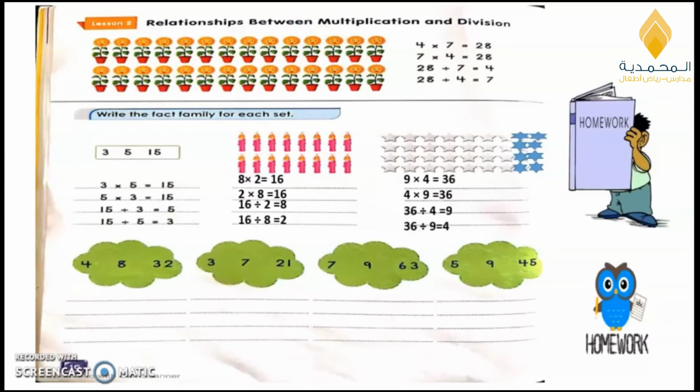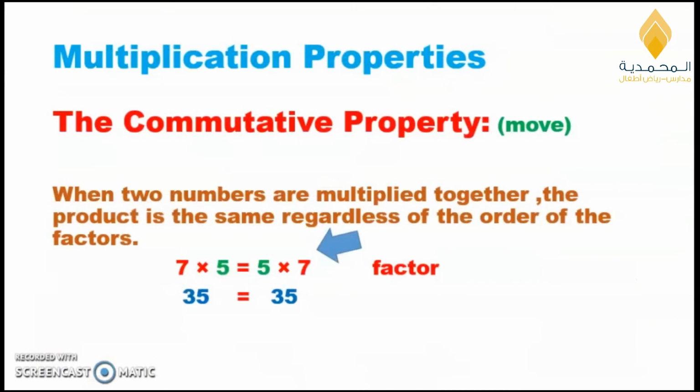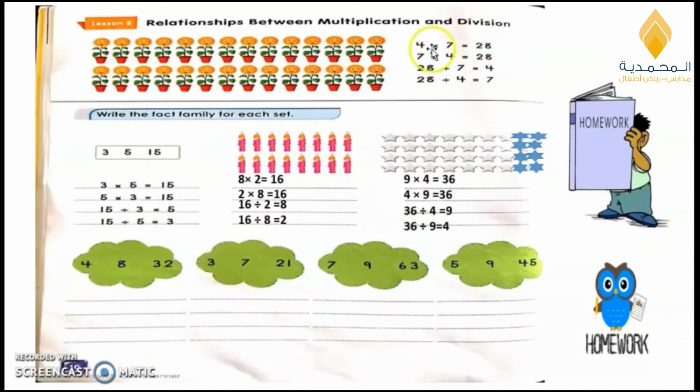And if you remember the commutative property, as I mentioned before, I can write 4 times 7 or 7 times 4. It will give me the same answer each time. How do we know the relationship between multiplication and division?